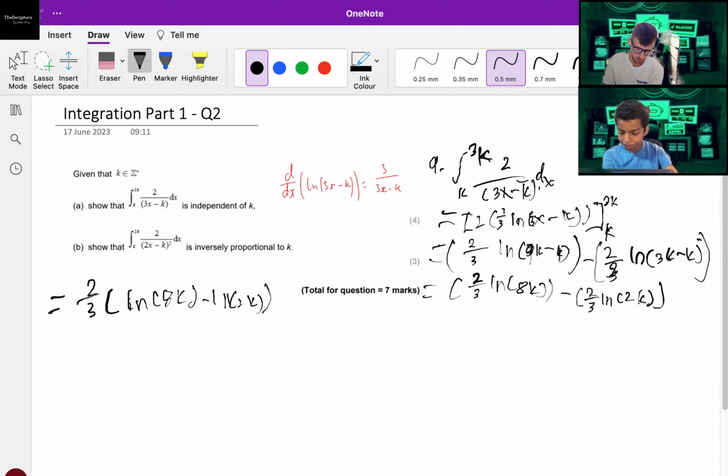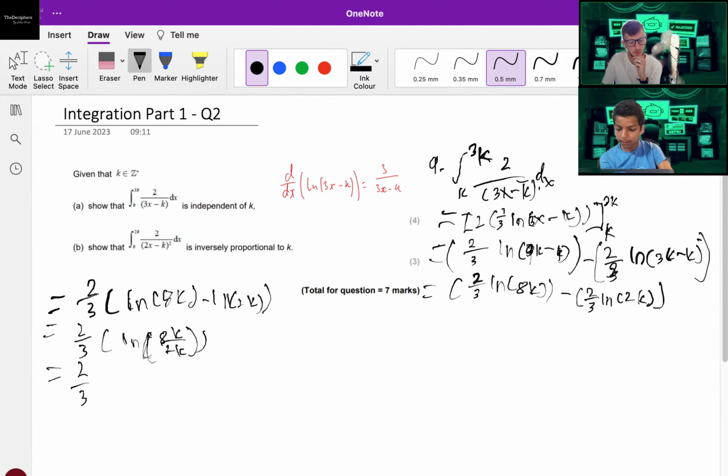Good. And then I think that's 2/3 times ln of 8k over 2k. Excellent. Which, using our laws of logarithms, yeah, is 2/3 ln 4, so it is independent. Okay, yeah, spot on.